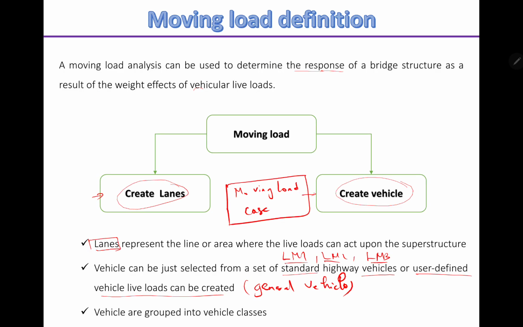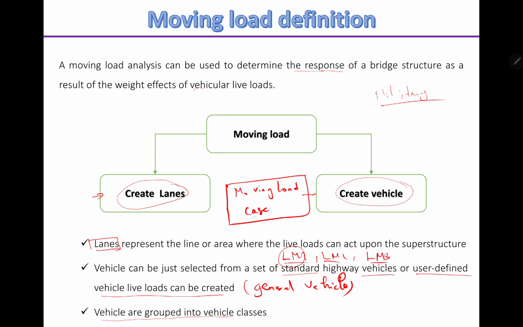Vehicles in general are grouped into vehicle classes, what we call LM1, LM2. That means we can find, for example, different military vehicles, trucks that are used in combination when we form the combinations in order to design our structure.